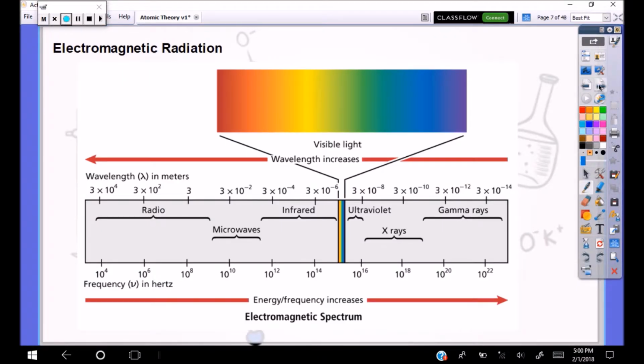So first things first, we have the electromagnetic spectrum. Electromagnetic radiation has a lot of different forms. We're used to just looking at visible light. When we're looking at visible light, we all have heard of Roy G. Biv at some point or another. That is the order of the colors in the visible light spectrum.